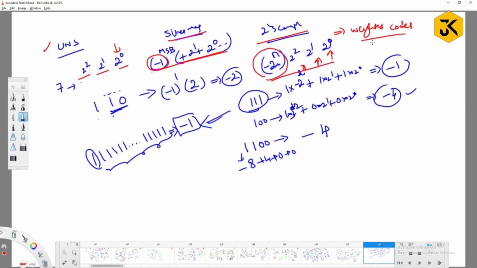So that's why we call them weighted codes. And what about one's complement? It comes under unweighted codes. Unweighted codes means that if you represent some weights, you are not able to generalize the data. You are not going to generalize any expression for it. Then I can call it unweighted codes.